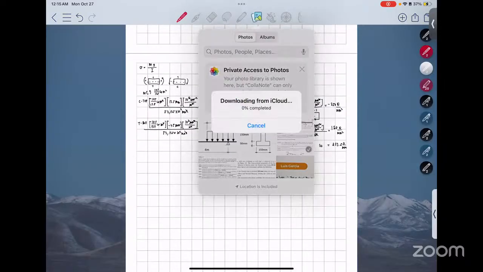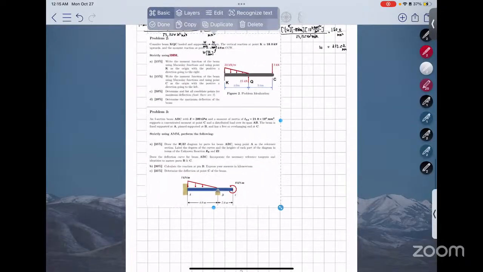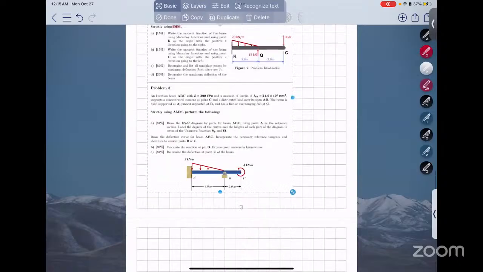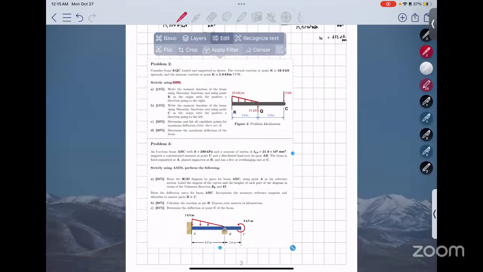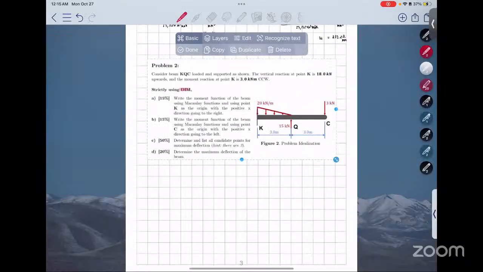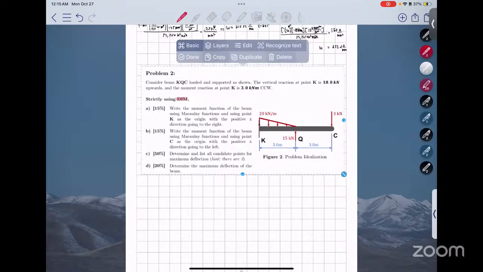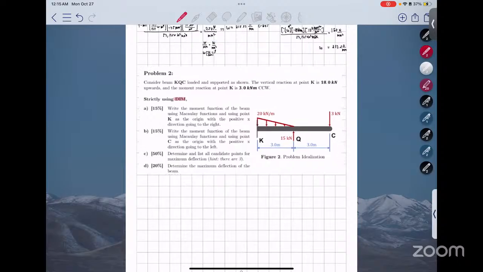Moving on to problems 2 and 3. Crop muna. This problem 2. So this is a DIM problem. Pinapasolve lang yung, well, these things.